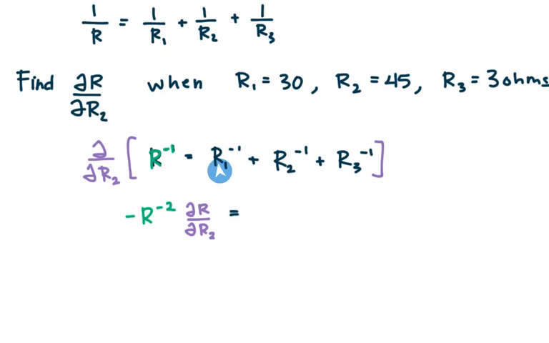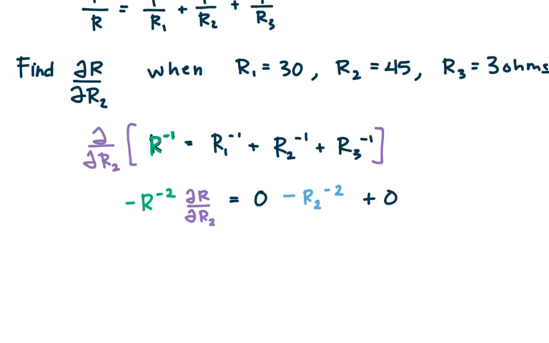The derivative of this, R sub 1 is a constant, so that's going to be 0. Differentiating this guy, I'm going to have negative R sub 2 to the negative 2 power, and then that third term, R sub 3, because that's a constant, that would be 0 as well.